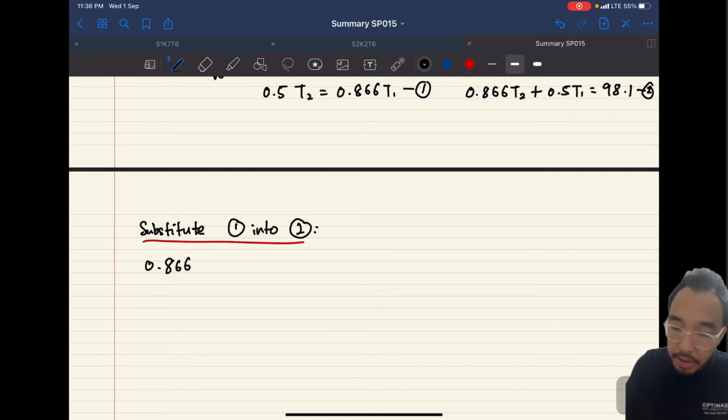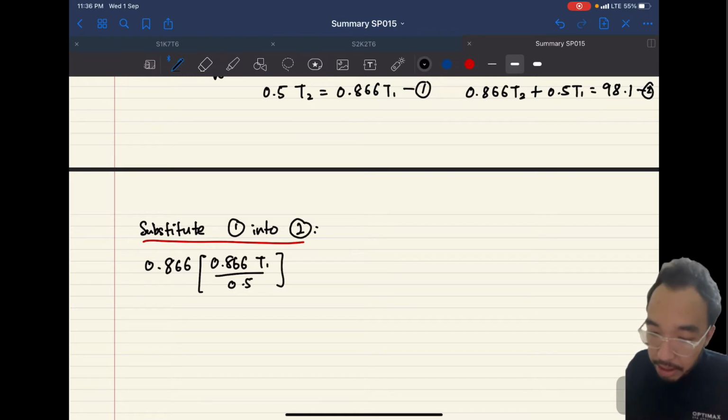I will try to substitute T2, so basically I bring this one down there. So 0.866 multiplied with 0.866 T1 divided by 0.5. I just have to be careful so that I don't mix anything up, and I think I got it correct. Plus 0.5 T1, just leave as T1.